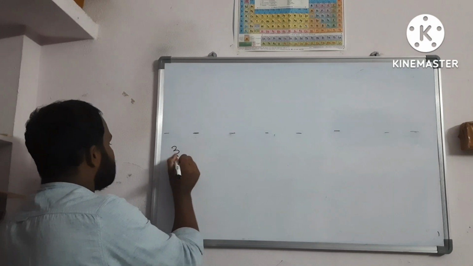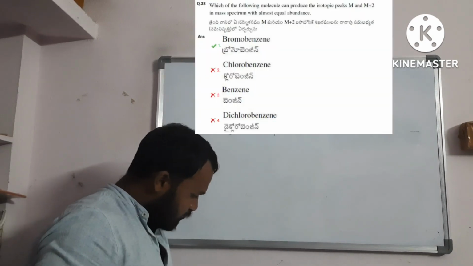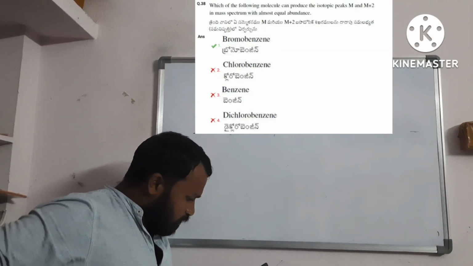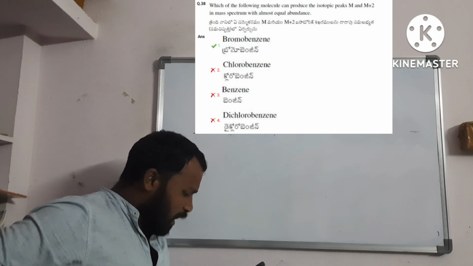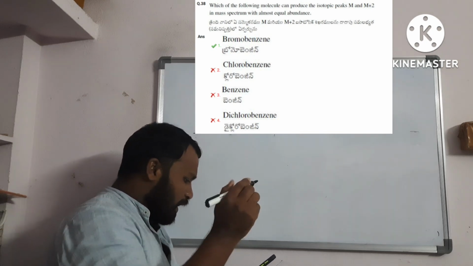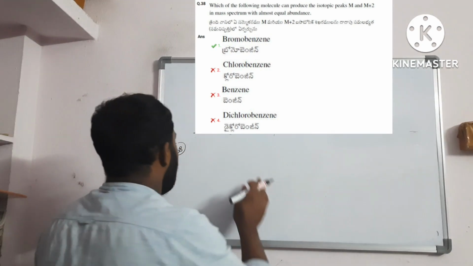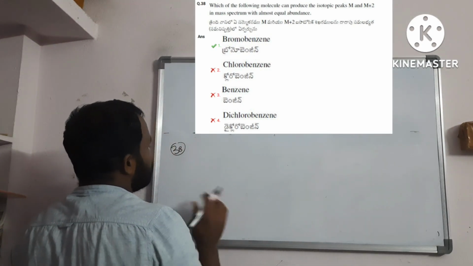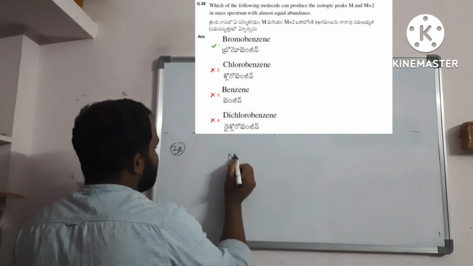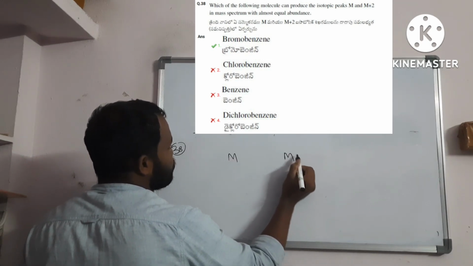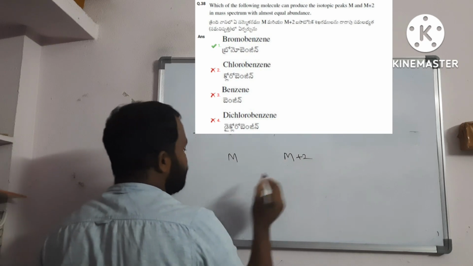Question number 38. Which of the following molecules can produce the isotopic peaks of M and M+2 in the mass spectrum with almost equal abundance? Almost equal abundance means, for example, M peak and M+2 peak.